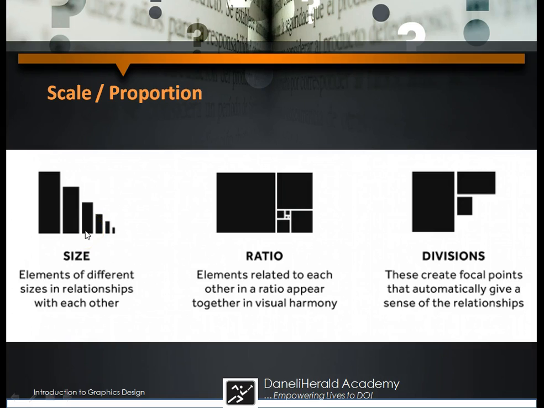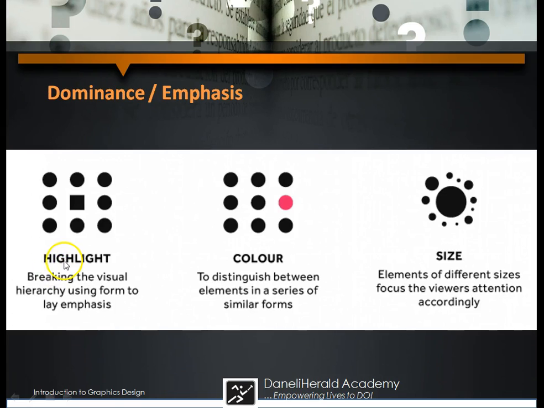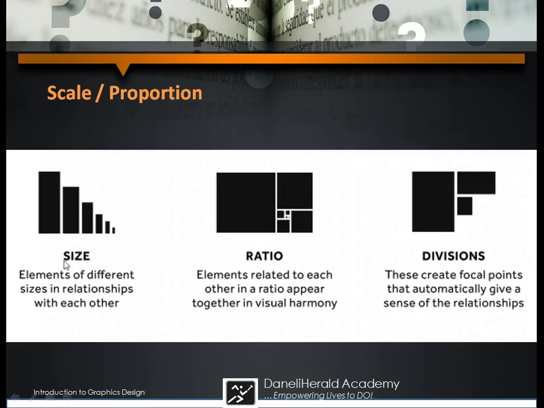I think this is a bar chart. It's arranged according to the size. You arrange them according to their sizes, and then you create this relationship between them.